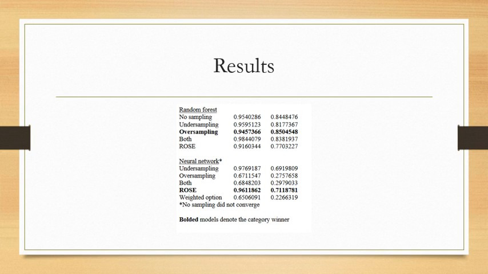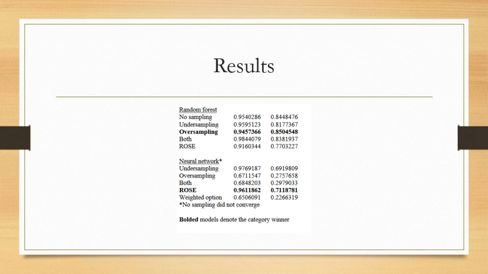So as you look at his results, it looks like oversampling and ROSE are the ones which are dominant in terms of performing better in all four different methods that he used.